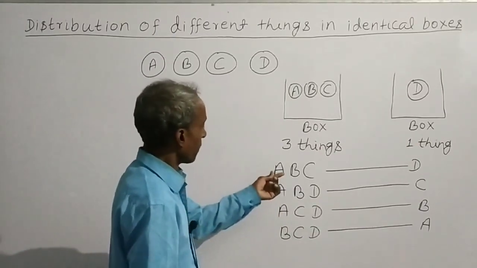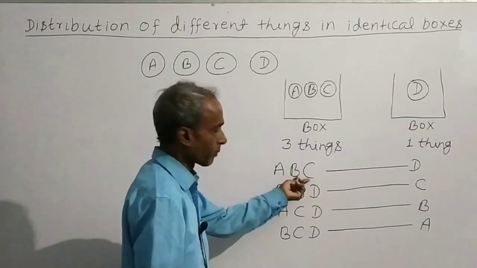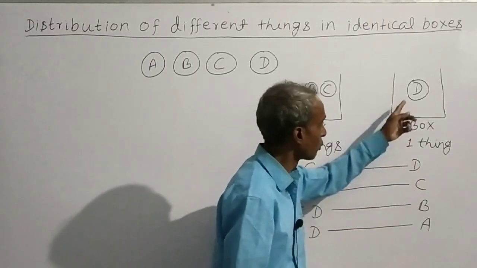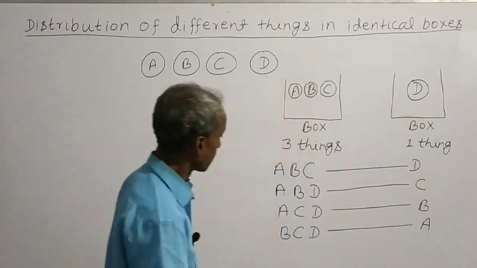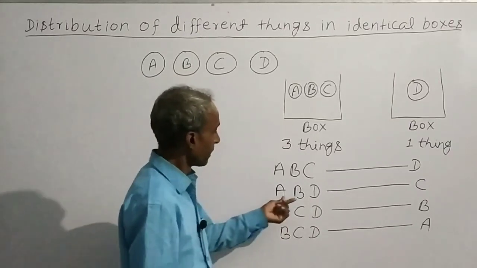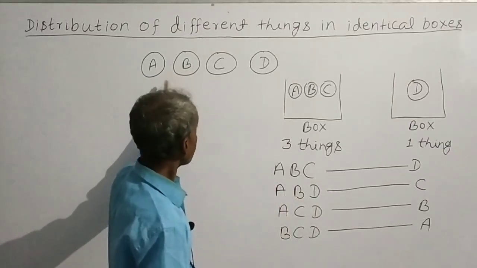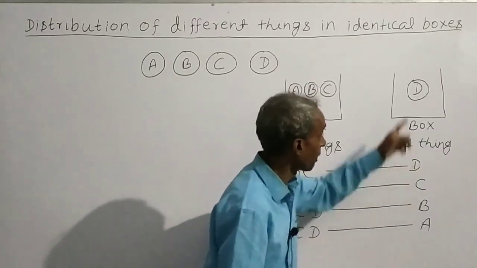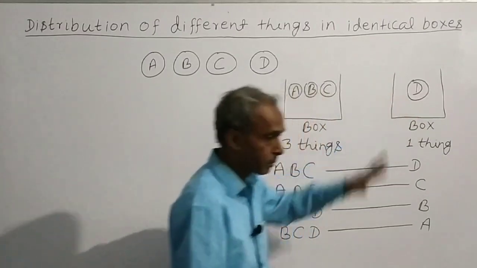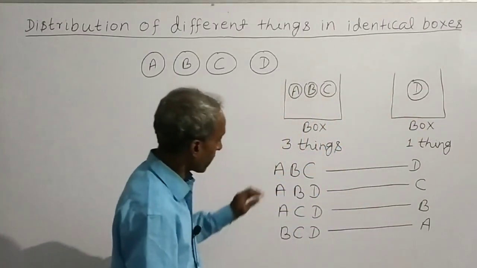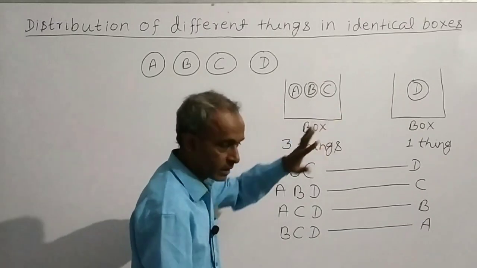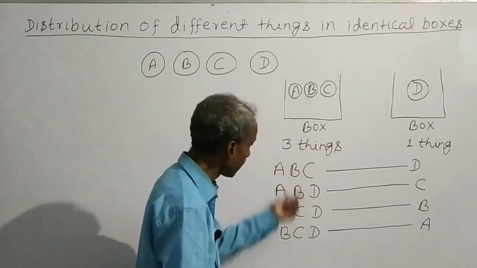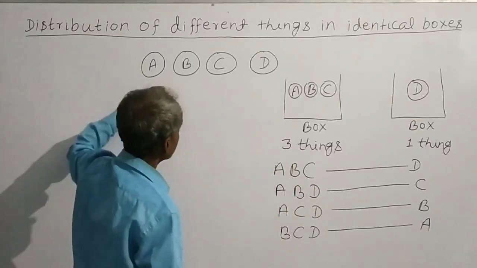When we take ABC, the remaining ball D will automatically go inside this box. Similarly, when we take A, B, D, the remaining thing C will automatically go inside this box. That means the number of ways of distributing will be the same as the number of combinations of 3 things out of these 4 things.